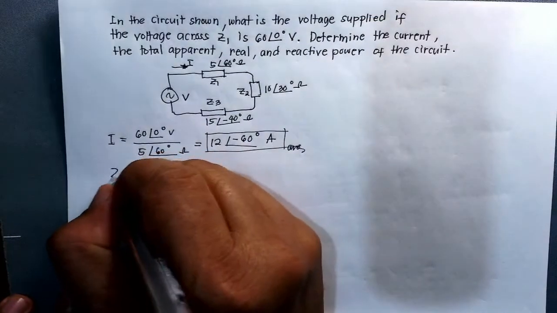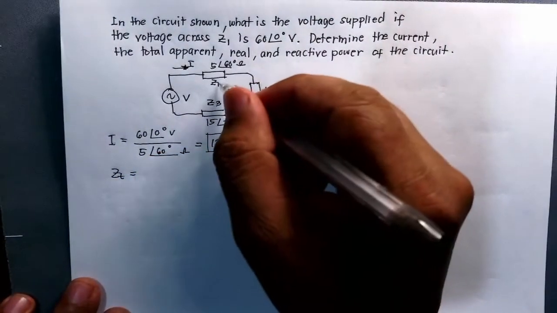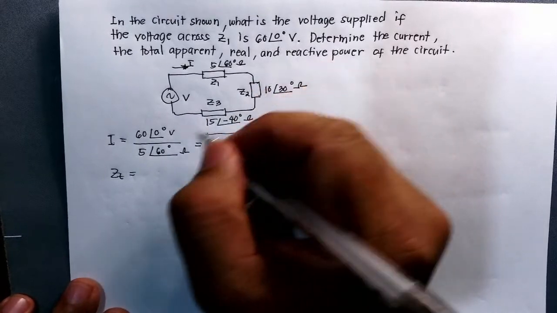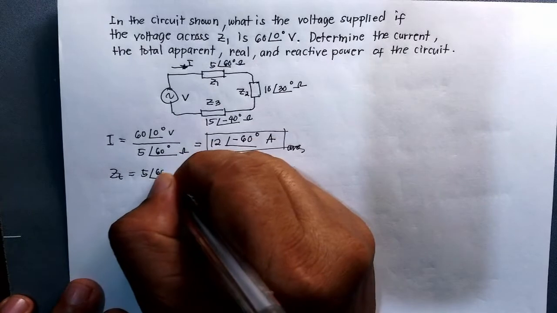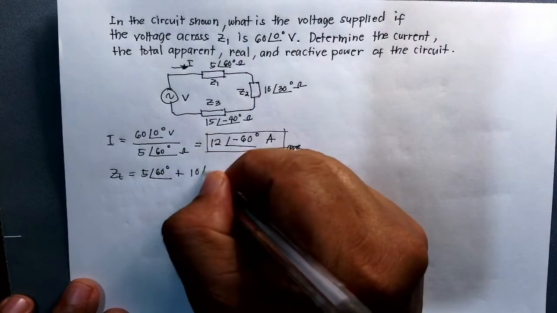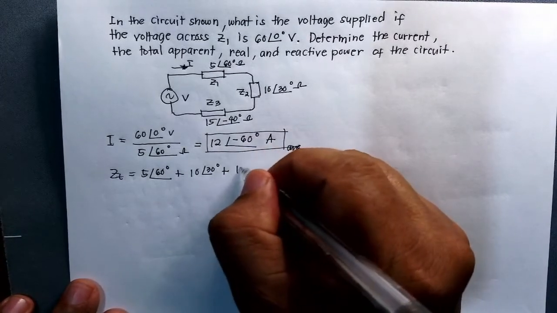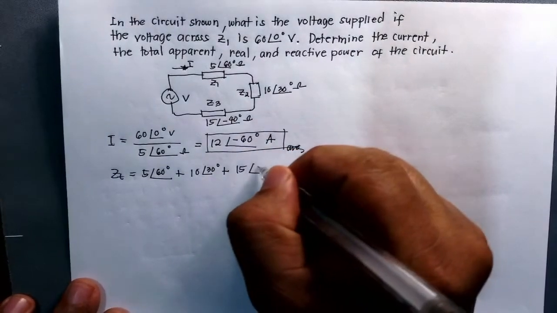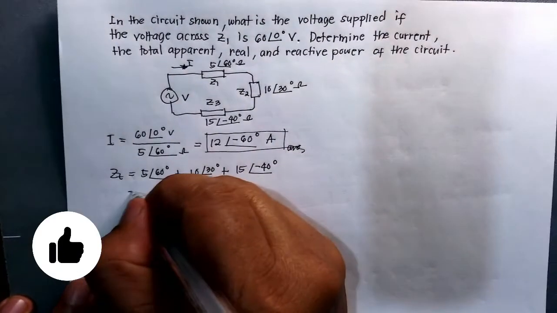The total impedance is the summation of Z1, Z2, and Z3. So that will be 5 cis of 60 degree plus 10 cis of 30 degree plus 15 cis of negative 40 degree.